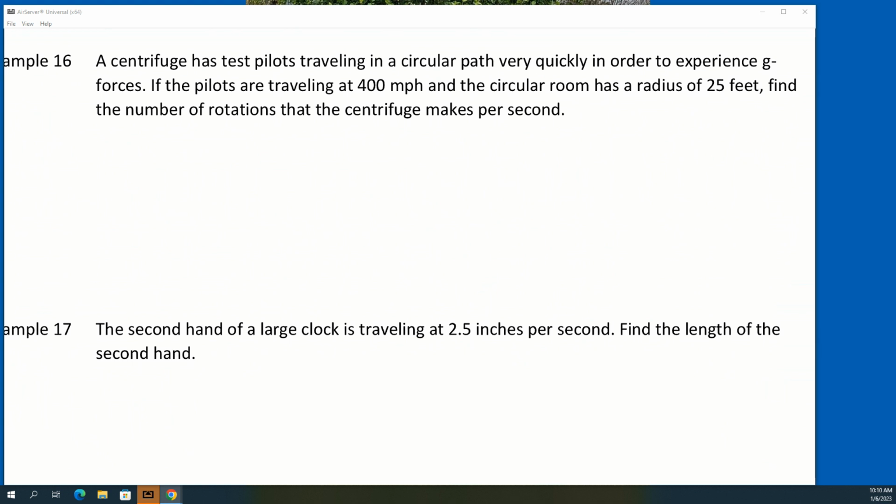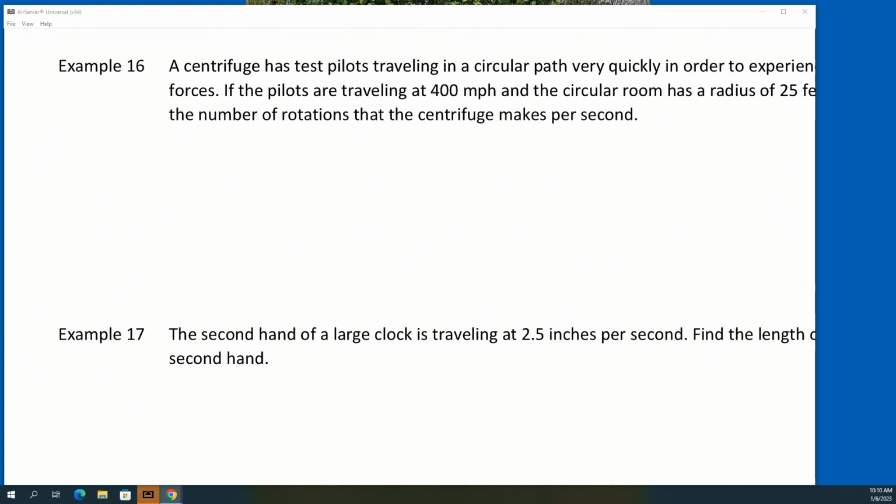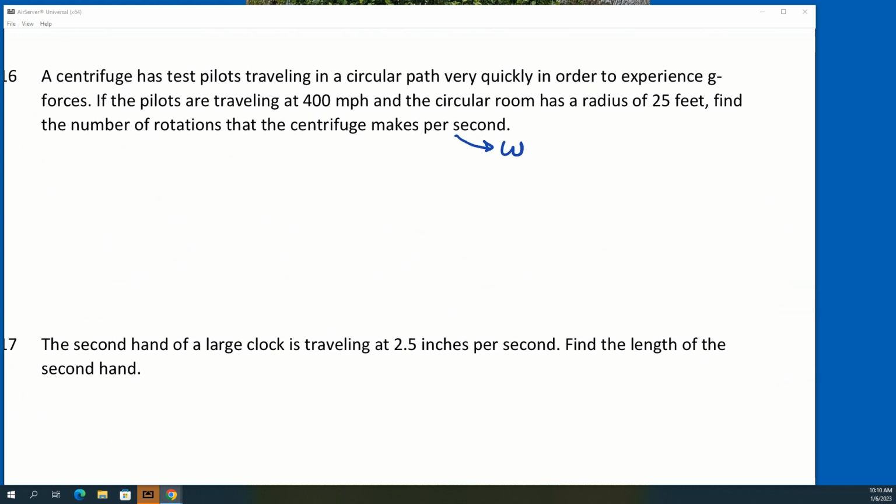It's very, very fast. What we are finding is omega, absolutely. Rotations per second is basically revolutions per second. And we have this miles per hour is V. And obviously it tells you straight up the radius is 25.